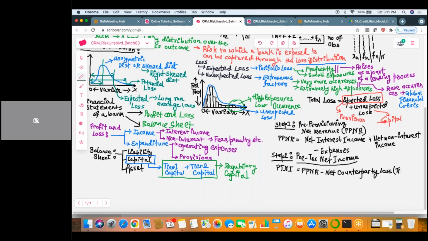Or trading account losses. So to the PPNR, what I did is I adjusted the counterparty losses or the losses to the trading.